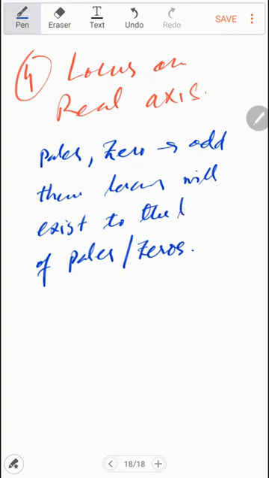So the locus will exist to the left of poles and zeros.